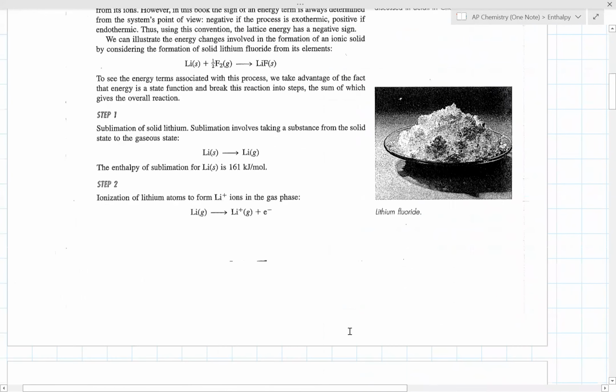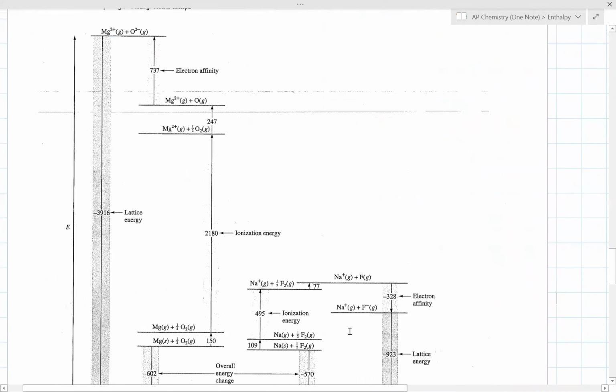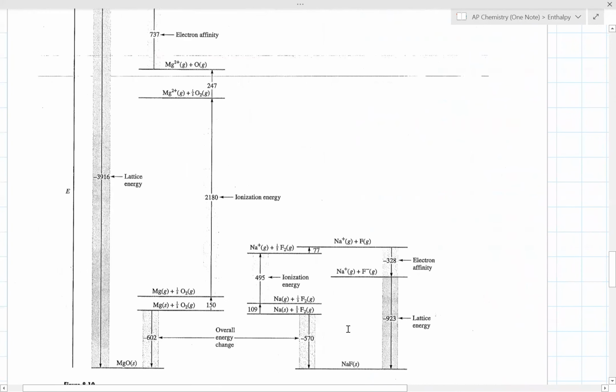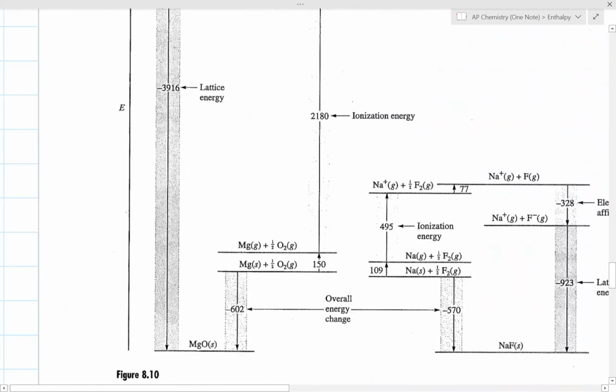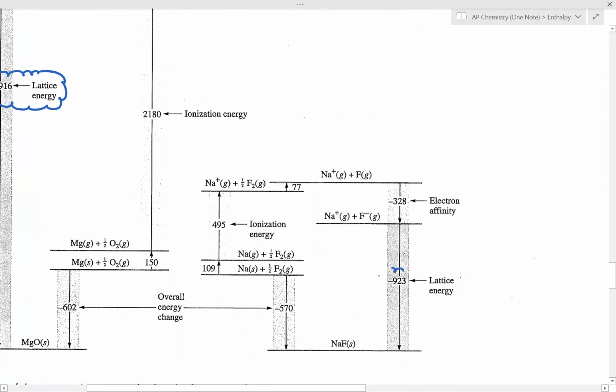On page 366, they compare the lattice energy of magnesium oxide versus sodium fluoride. Look at the difference. For magnesium oxide, the lattice energy is extremely large. It's very exothermic compared to sodium fluoride, which is not so much.